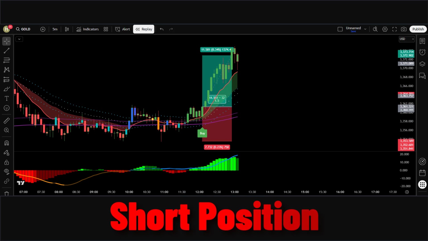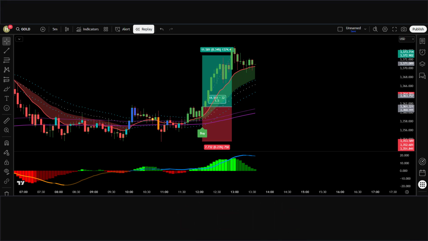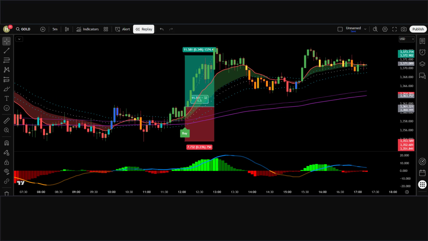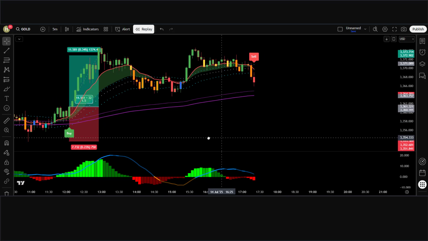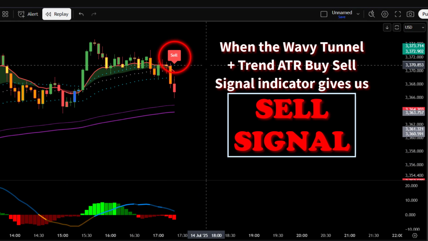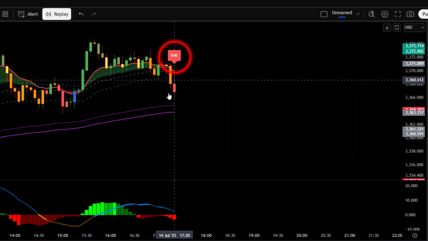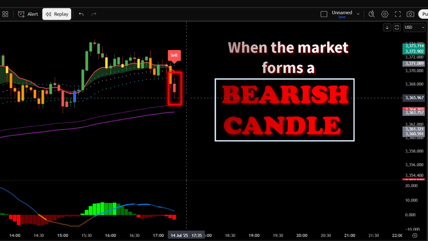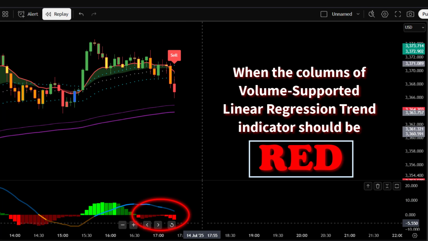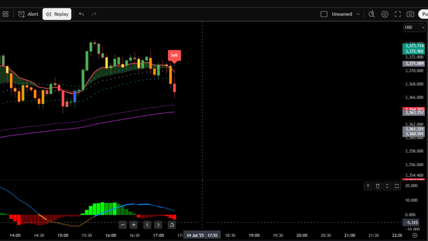Now let us understand the short position. When the Wavy Tunnel plus Trend ATR buy sell signal indicator gives us a sell signal, when the market has formed a bearish candle, and when the columns of the volume supported linear regression trend indicator are red.